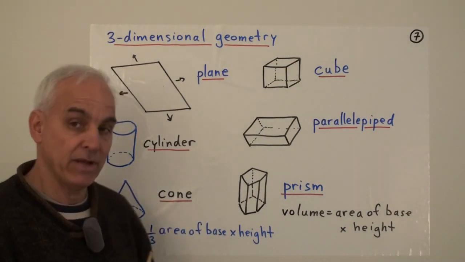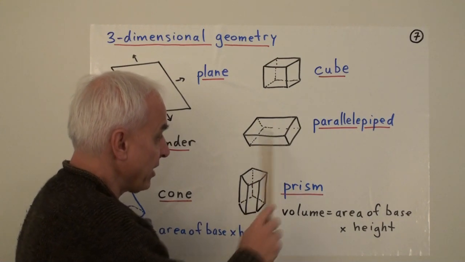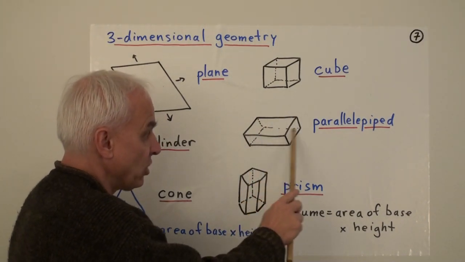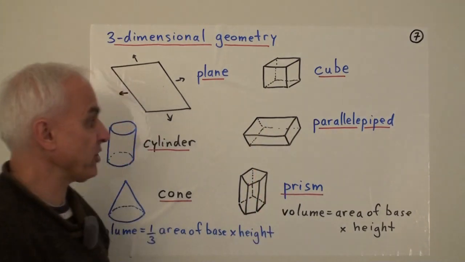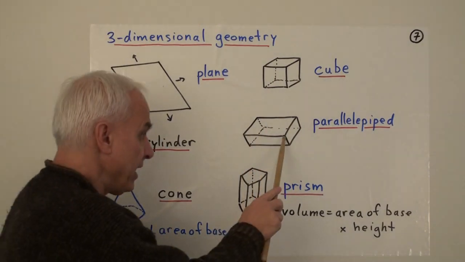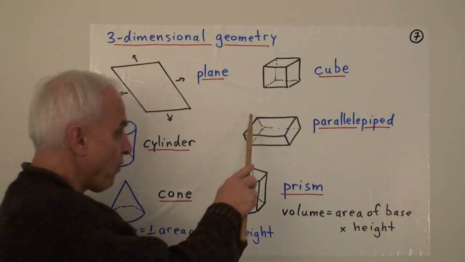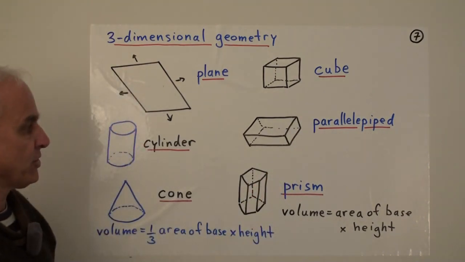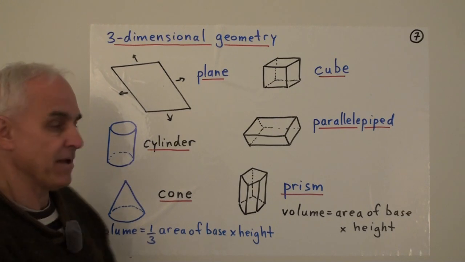They are just parallelograms. But this side and this side are parallel. In fact, this side and this side are also parallel, and so are these. So there's 4 parallel equal sides in that direction, 4 equal parallel sides in this direction, and 4 equal parallel sides in this direction. So each of these faces is a parallelogram.